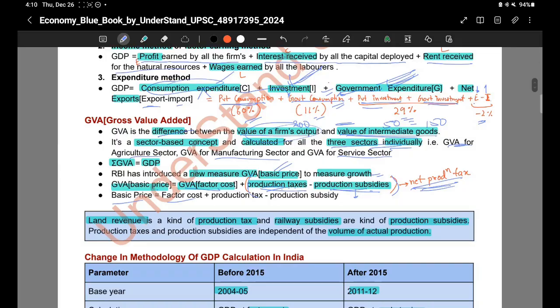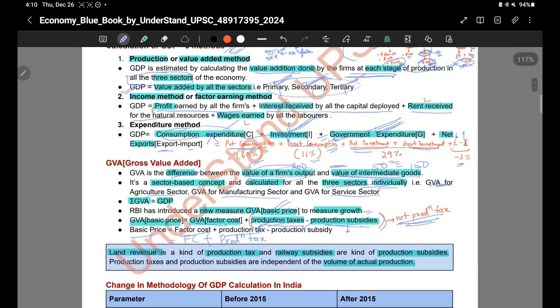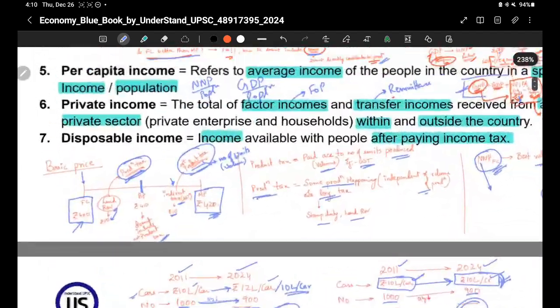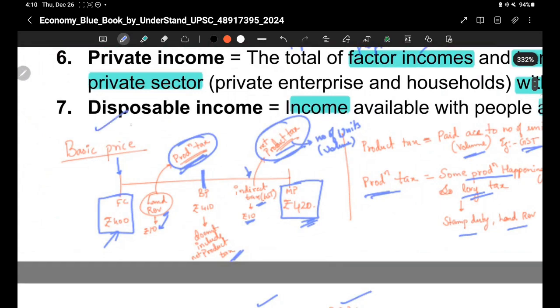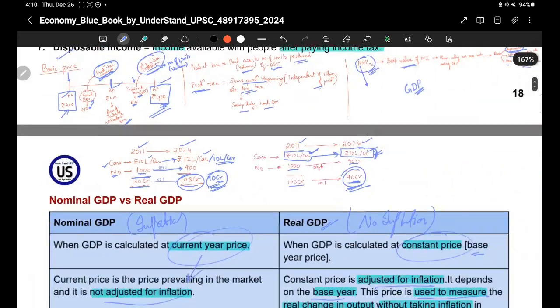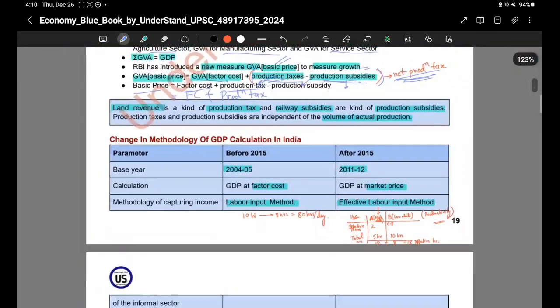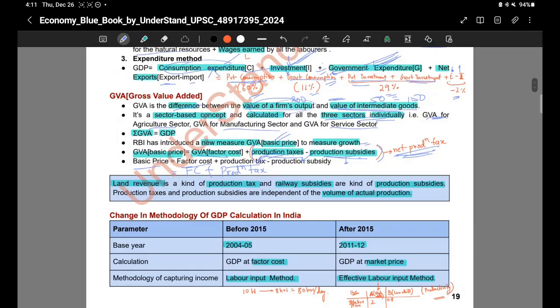Okay, so basic price is factor cost plus production tax minus production subsidy, or you can just write factor cost plus net production tax. Okay, I think this is a much better representation of what is basic price. Okay, what is factor cost, what is basic price, and what is market price. Remember this diagram, it will help. Okay, I think we're done with basic price.